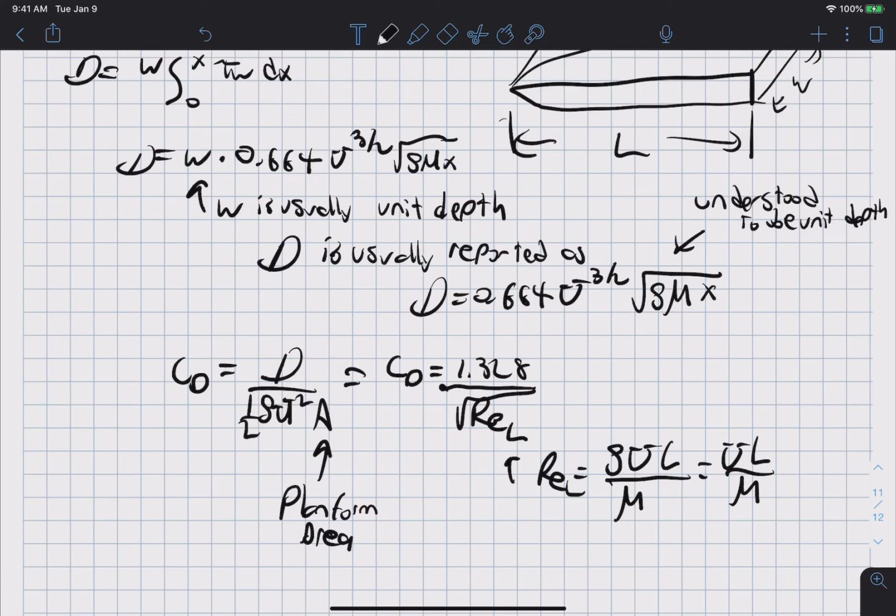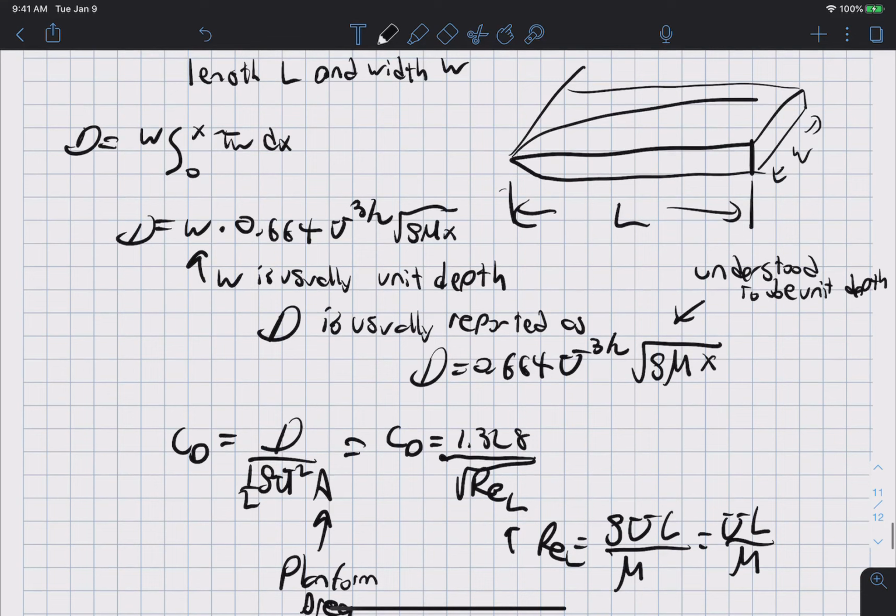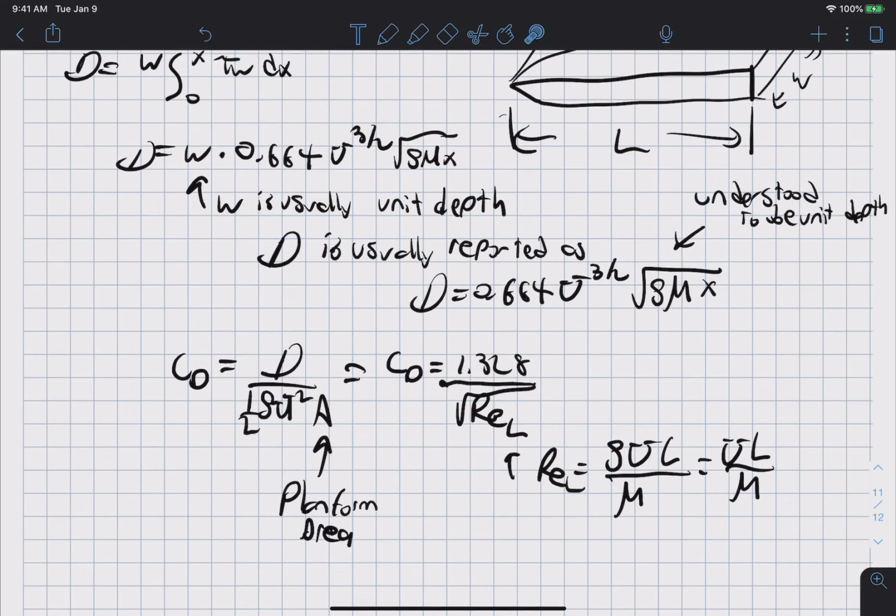Okay, so basically, typically what you see in boundary layer theory is you see Rex, you see things depending on Rex, or the Reynolds number based on x, and things depending on the total length. Usually things depending on x are local values, and quantities that are integrated over the entire length are typically based on REL. It's not always that way, but just be very careful of it, because some quantities are extremely local.